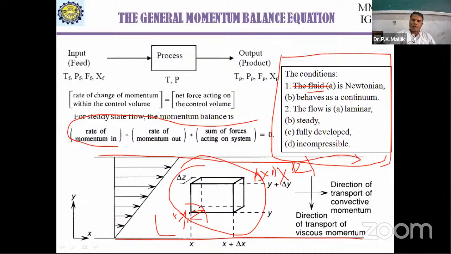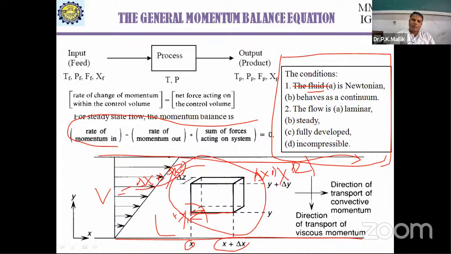Here the size of the control volume: if this point is x, then the other is x plus delta x. Similarly for the others, and the volume of this control volume is equal to delta x, delta y, delta z.